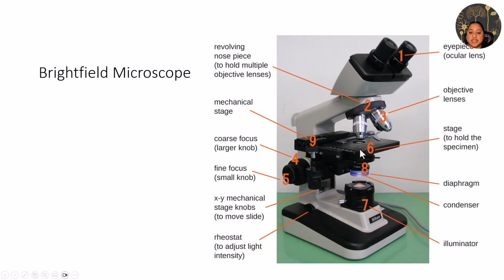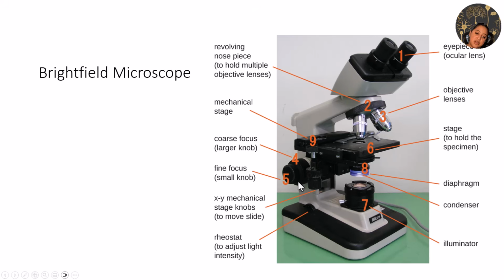So you can move the stage around by just moving these knobs instead of having to move the stage yourself. You can also move the whole stage up and down, and what that does is move it either closer or further from the lenses, and so that makes it either more clear or less clear based on your sample and where the stage is. You can move this whole stage up and down by using these knobs here. This looks like just one black knob, but it's actually two.